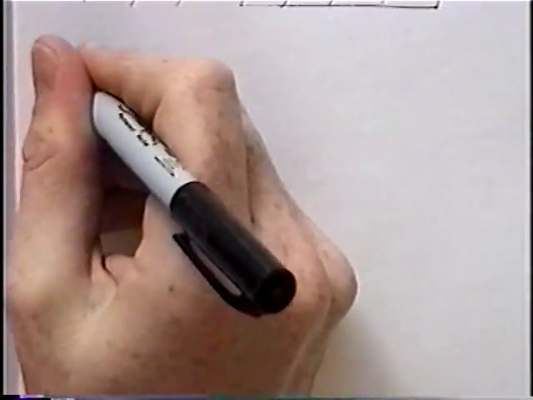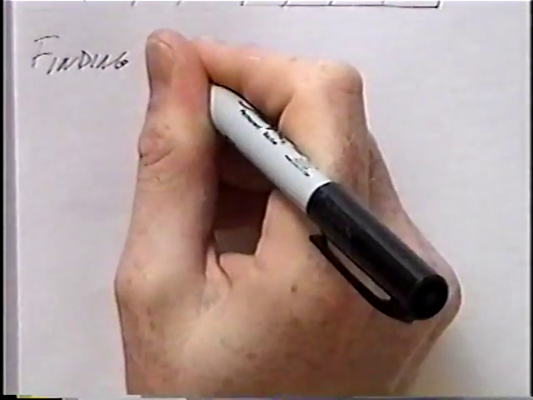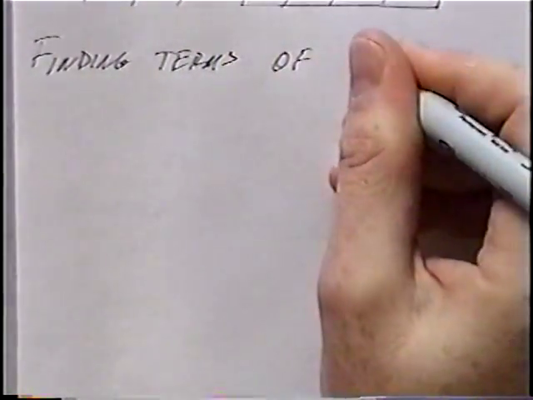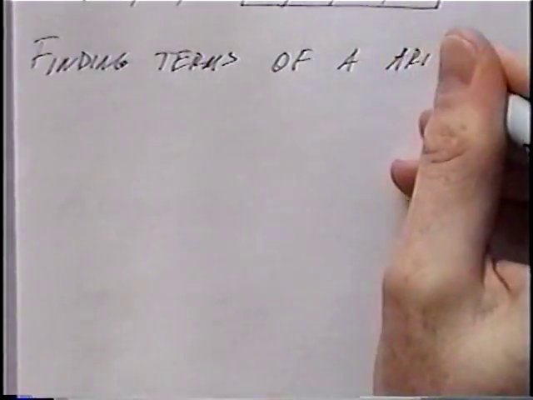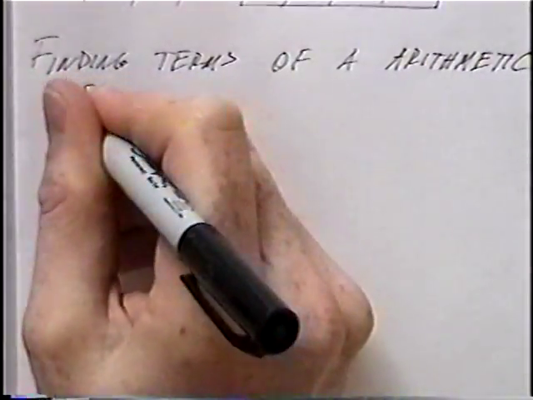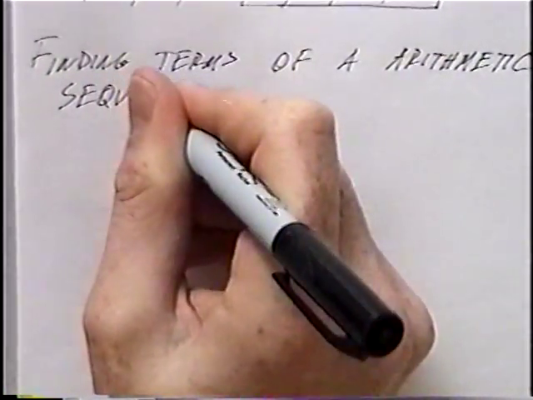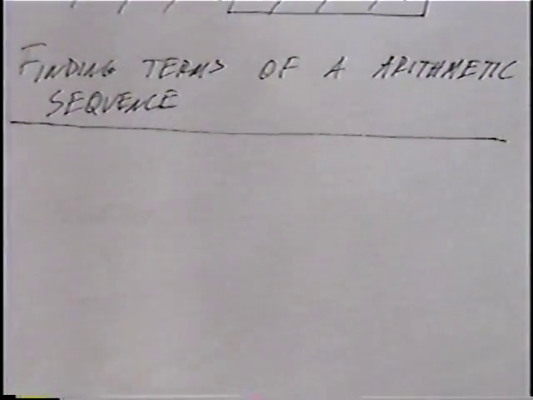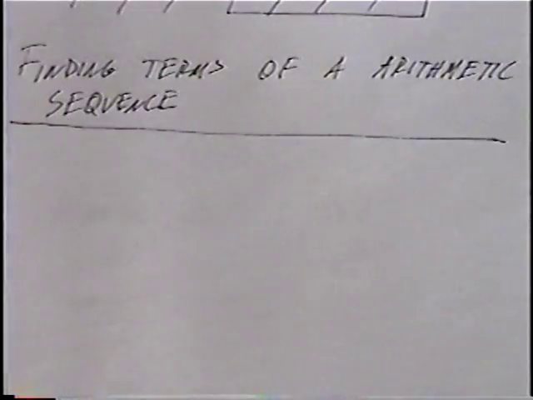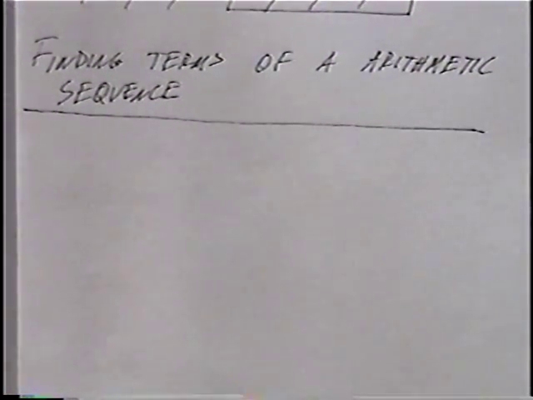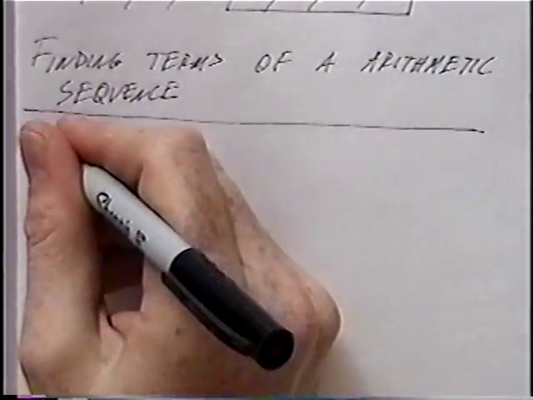Next section of notes is titled Finding Terms of an Arithmetic Sequence. Two variables or definitions for the section.